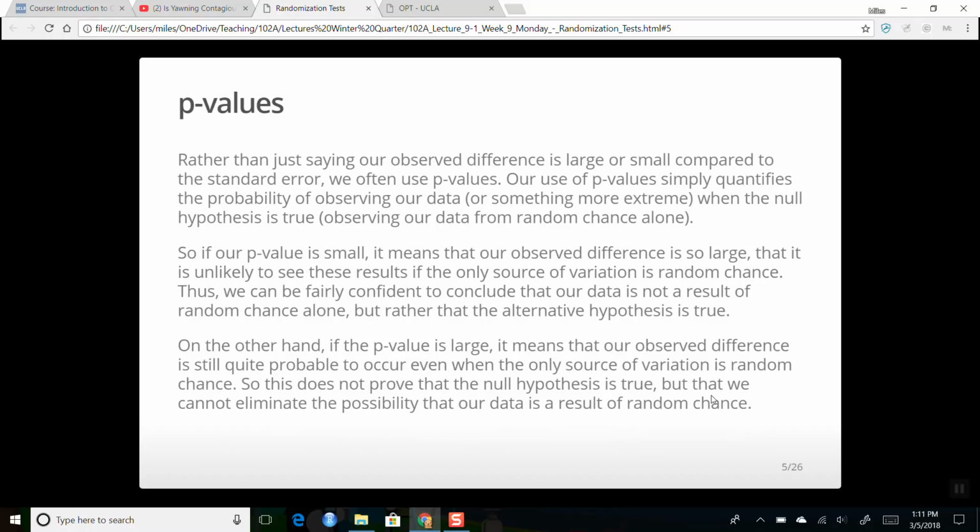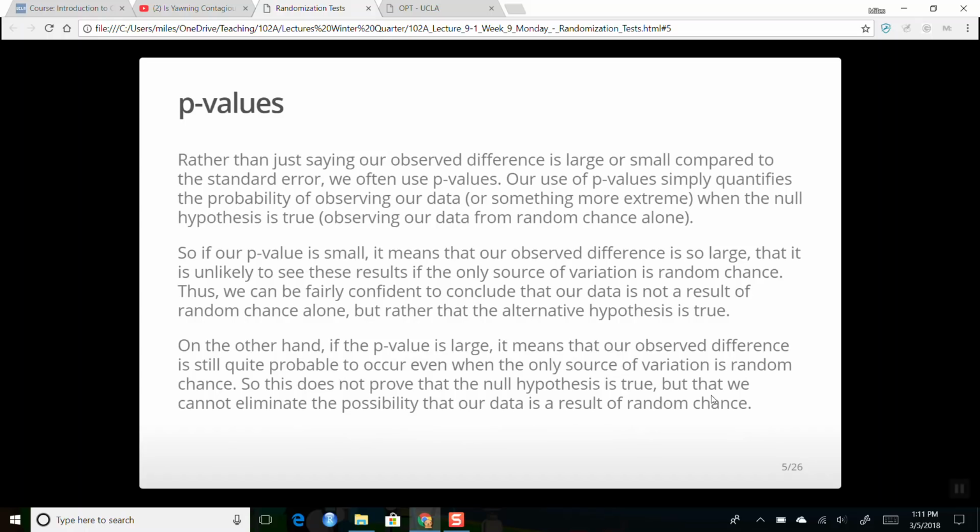Okay. If our p-value ends up being small, it means that the observed difference that we got, that difference of 2 points, is so large that it's very unlikely that random sampling would produce a difference of 2 points. And therefore, the fact that we did observe a difference of 2 points tells us that our data is not just a result of random sampling, but rather a result of the null hypothesis being wrong.